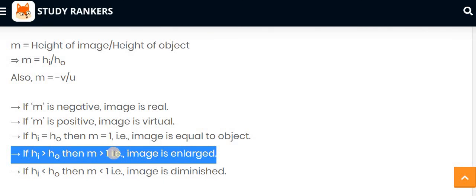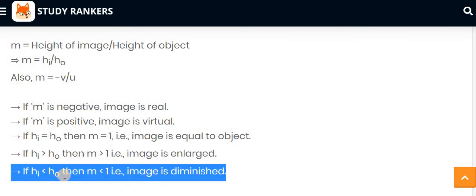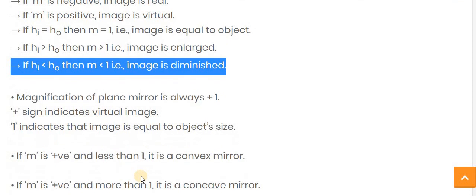In that case the image is enlarged. If hi is less than ho, then m is also less than 1, that means the image is diminished.